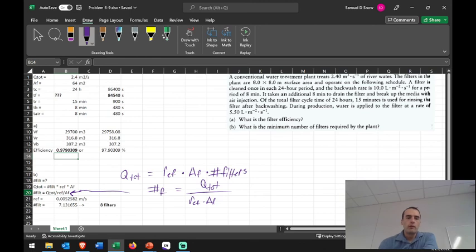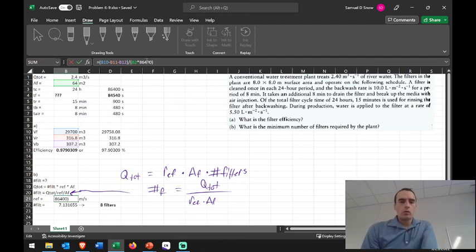So then when we solve that, R effective is going to be equal to these volumes that we calculated divided by the area and divided by that total cycle time, which I now have written here, so I can go ahead and just use the total cycle time.